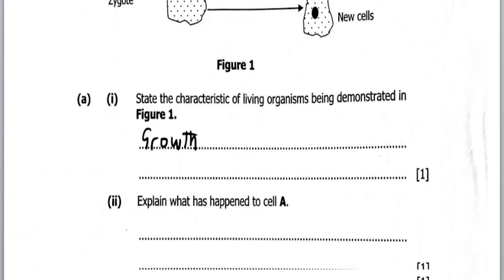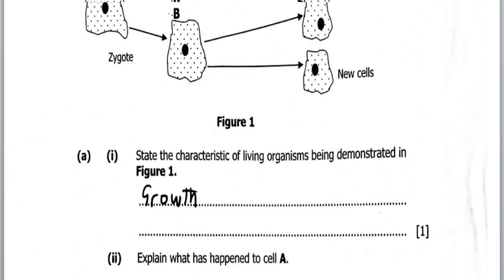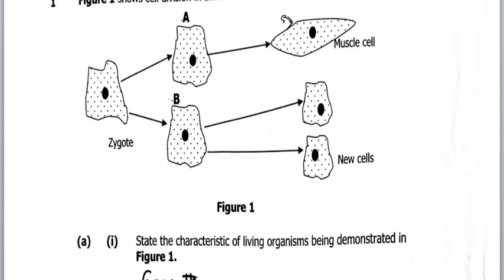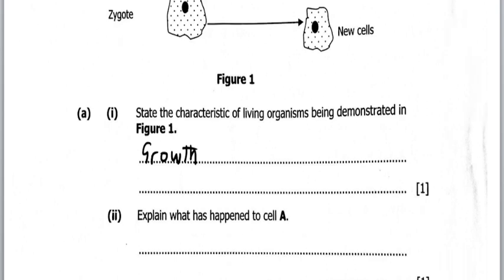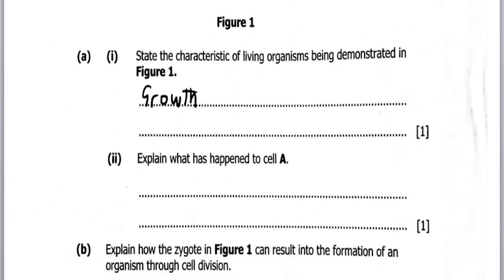Then, explain what has happened to cell A. Let us look at cell A. What has happened to it? From cell A, it has become a muscle cell. So it has specialized. It has undergone what we call cell specialization.